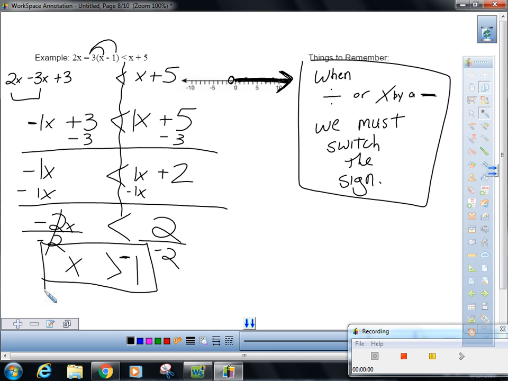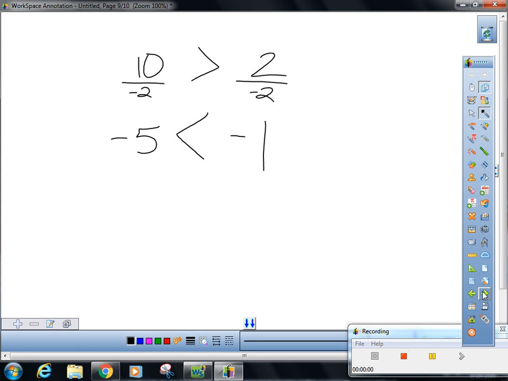Okay, so some other things to remember: greater than or less than is an open dot. Less than or equal to, or greater than or equal to, is a closed dot. A closed dot.